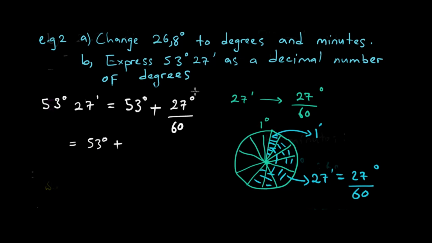So for this, I'm going to use a calculator. Saka 27 dividing 60, it's 0.45. So it's plus 0.45 panapa, of which it has ongeita tikaeda 53.45 degrees.